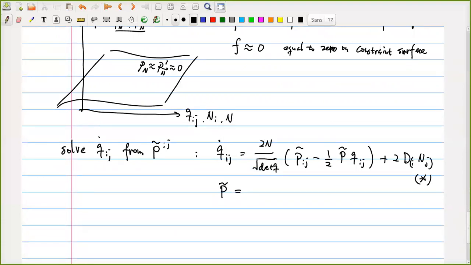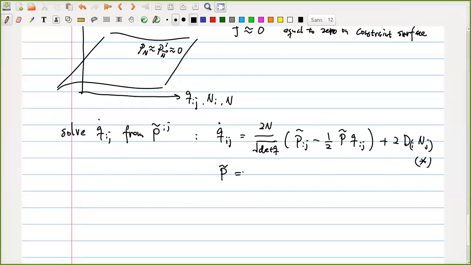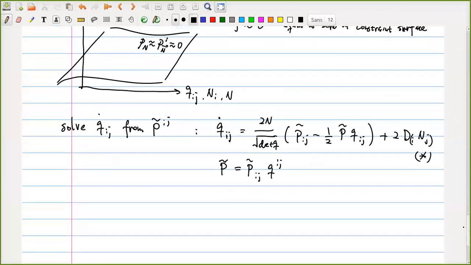So this P twiddle is a scalar density. It is just P twiddle ij times Q ij, the trace of P ij. Again, it is your homework to derive this, but it's very simple.